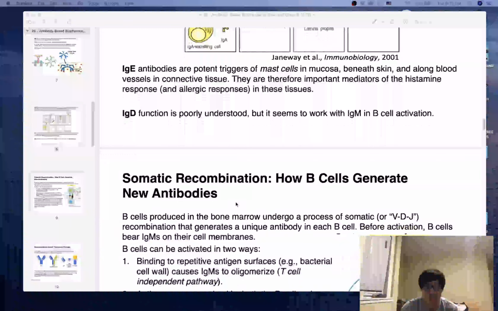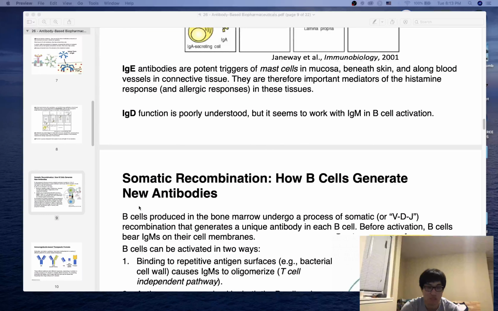That's called VDJ recombination. The mechanism here is that the region, at the gene or DNA level, goes through recombination really quickly.